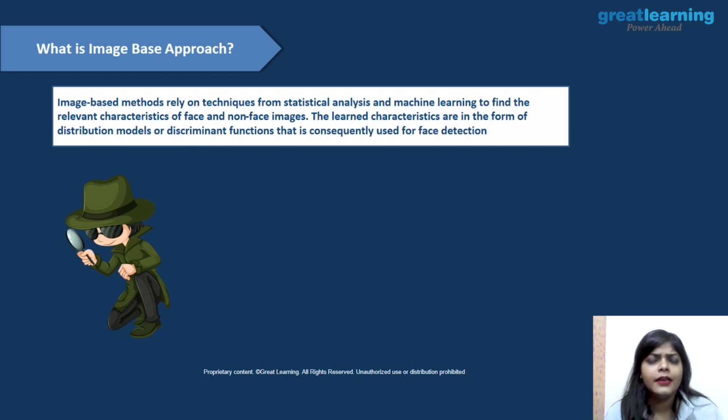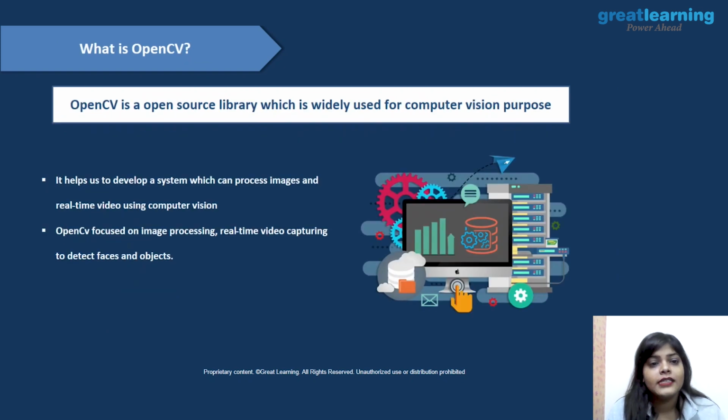It is a more complicated process, but it is the more accurate way to find a face in an image. In this case, we use machine learning and statistical analysis to understand where the face is actually situated in the image. So these are the two types of approach we have for face recognition.